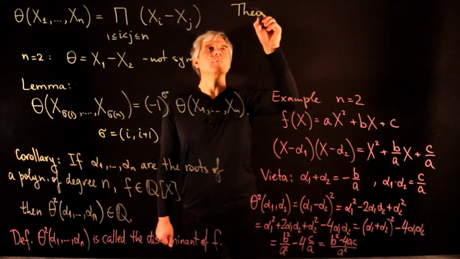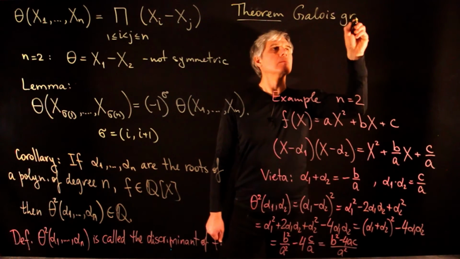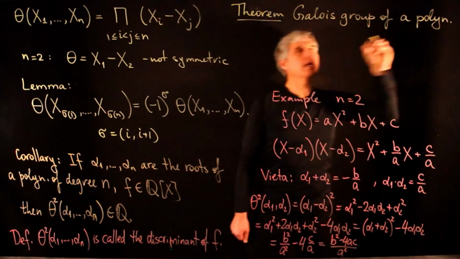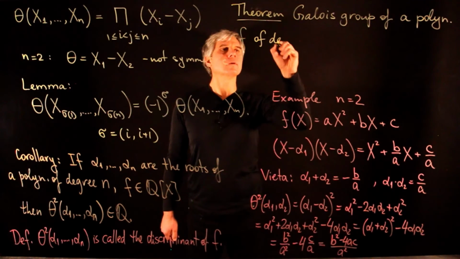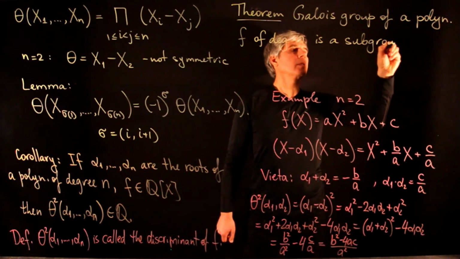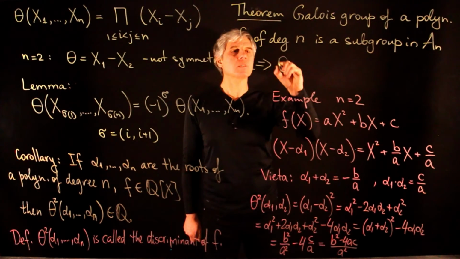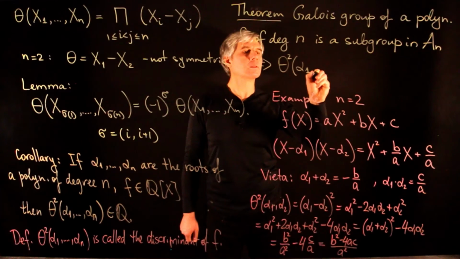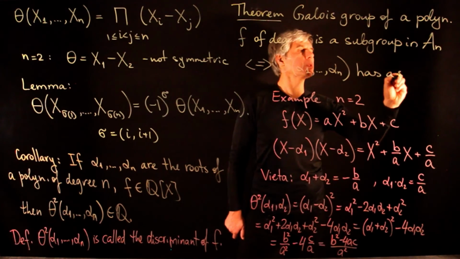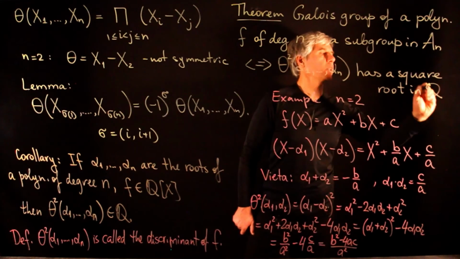So we have a theorem. The Galois group of a polynomial f of degree n is a subgroup in the alternating group A_n if and only if theta squared of alpha 1, ..., alpha n, which is a rational number, has a square root in the field of rational numbers.